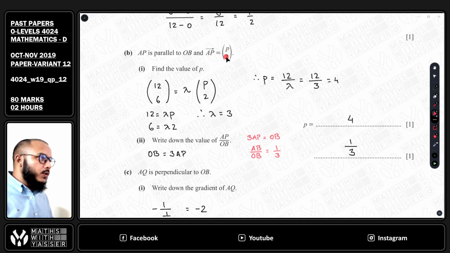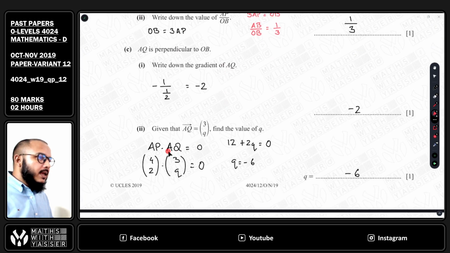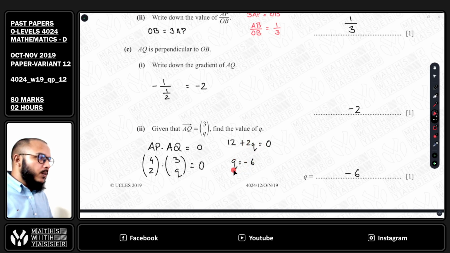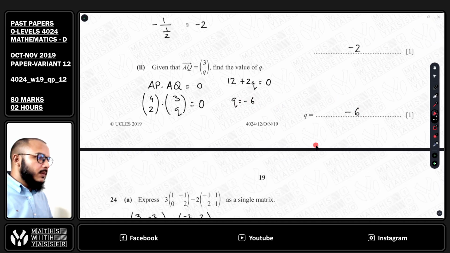So AP is (4, 2) and AQ is given as (3, Q). Since AP and AQ are perpendicular to each other, their dot product is 0. So 4 times 3 is 12, plus 2 times Q is 2Q, should also be 0. Solving this equation, I will get Q is equal to -6.